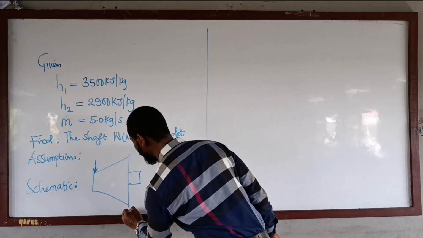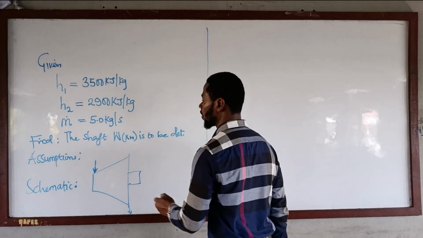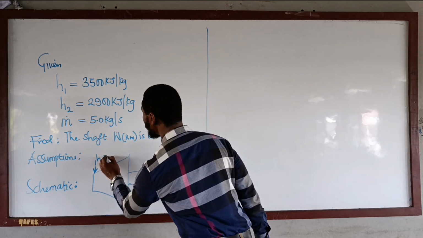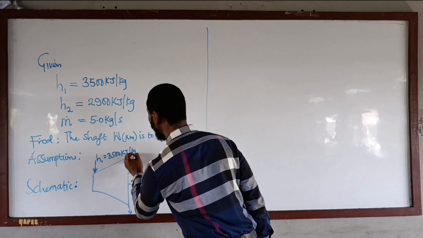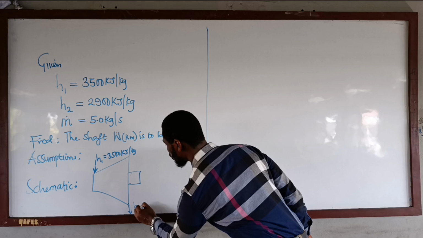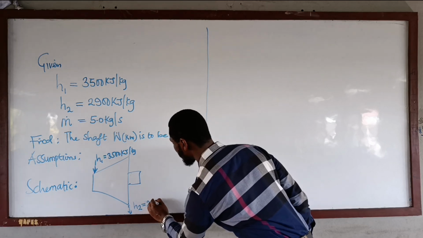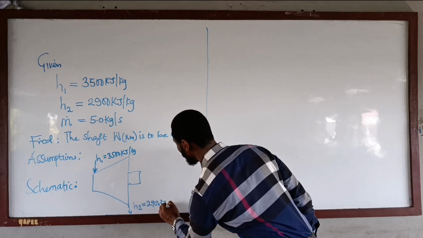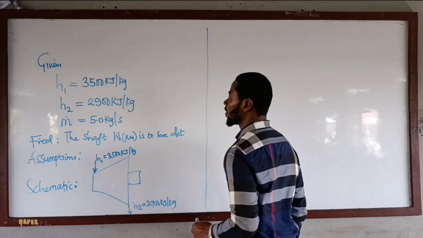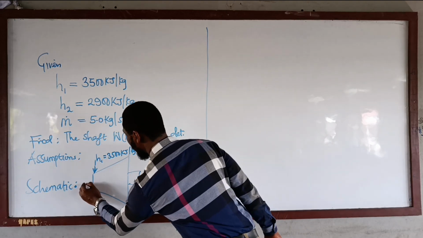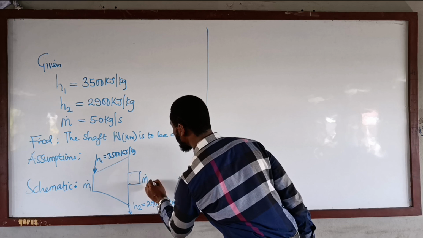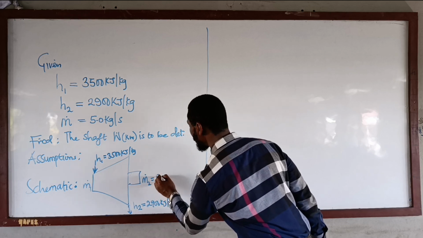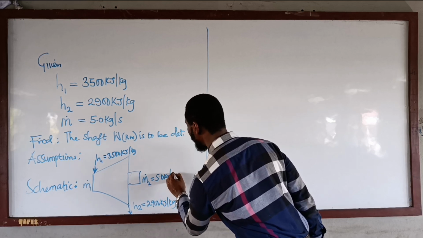Steam enters and leaves at this level. H1 is 3,500 kilojoules per kilogram and H2 is 2,900 kilojoules per kilogram. Then the mass flow rate m1, m2 equals 5.0 kilograms per second.